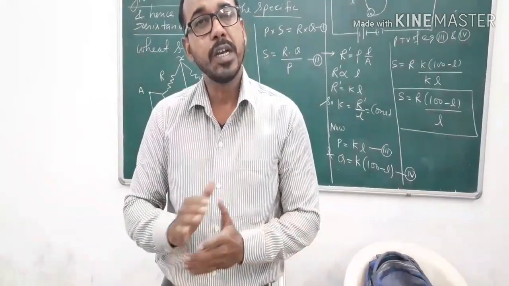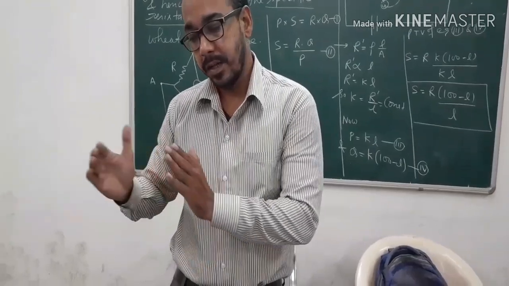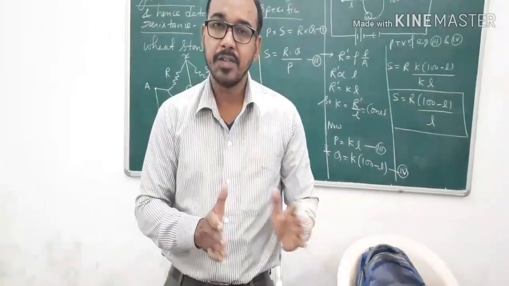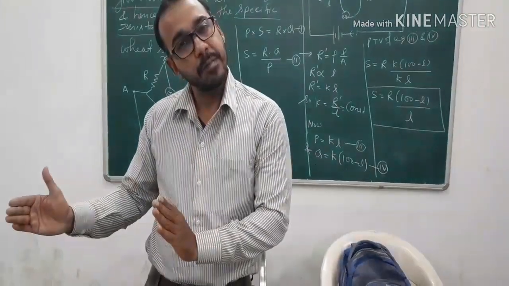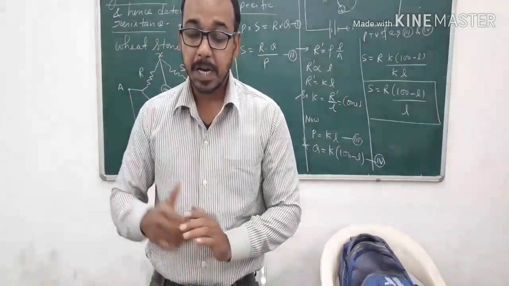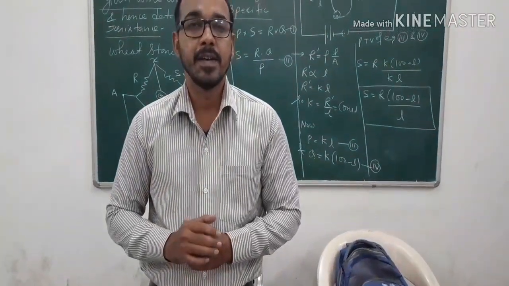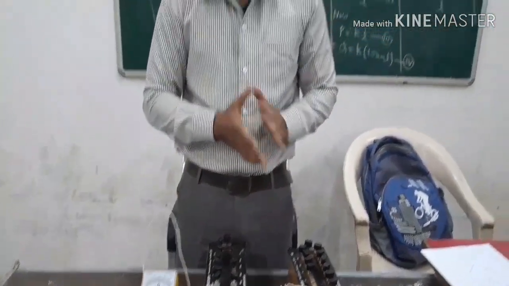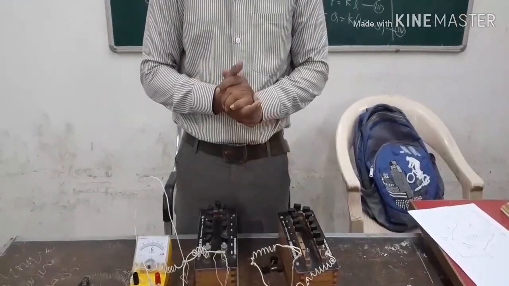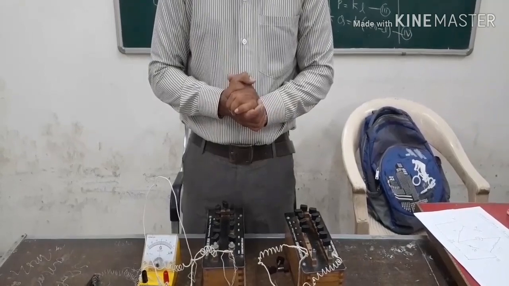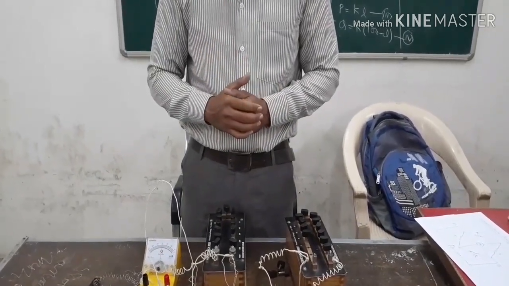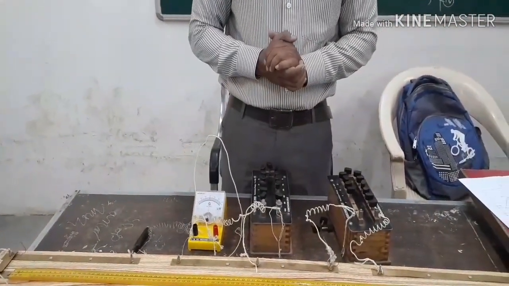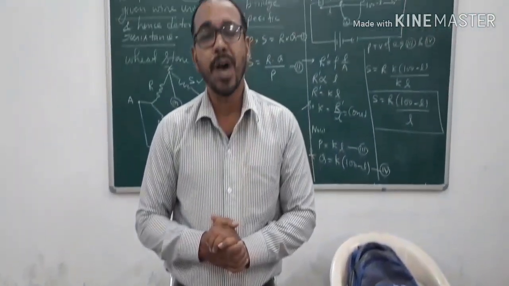By sliding you get another value of L and the remaining length 100 minus L. The resistance of the L length is again considered P, and of 100 minus L is again Q. Using the same formula, S equals R, the known resistance of the resistance box, times 100 minus L divided by L, you will again calculate the resistance of this wire and get the same value, very close to 4 ohm.